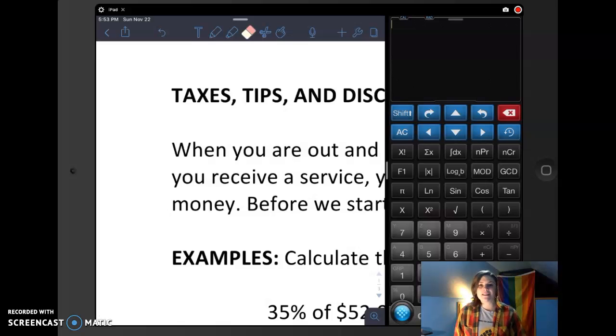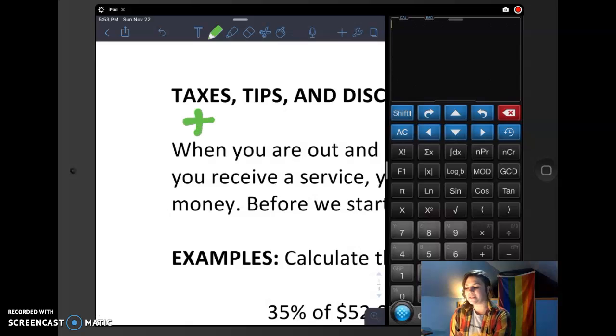So sales tax is something that the government, usually city government is what we're going to be talking about, decides that they're going to charge you a little extra every time you buy something, and then they put that money into building roads and into making it so that you can go to school or building stadiums. So taxes are important because it helps the government run and make our cities places that we can live in. And so taxes are always going to be added to the total.